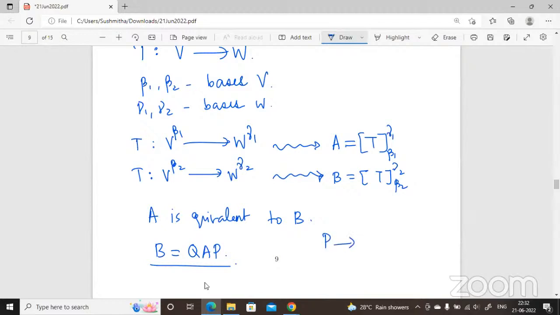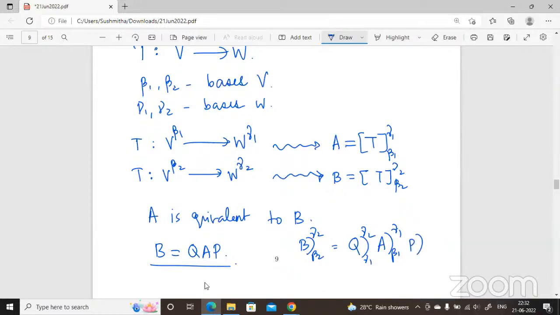So for P, I need to write it down first. B is beta 2, gamma 2. Q corresponds to the codomain. A corresponds to the domain. So if this is gamma 1, this has to be gamma 1, and this will be gamma 2.